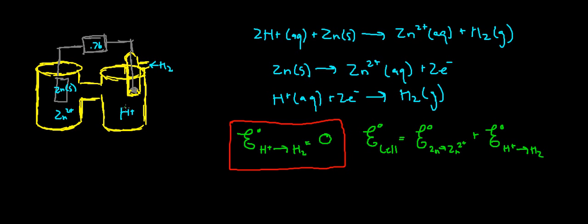Is this perhaps just really great at pulling electrons to it, or maybe this has a very high propensity to get rid of electrons? What's going on here is it could be that one is highly resistant and the other one is not so resistant, or they're both very strong, or one is very weak and one is strong. So they needed a way to compare these cell potentials, and that is the whole idea.